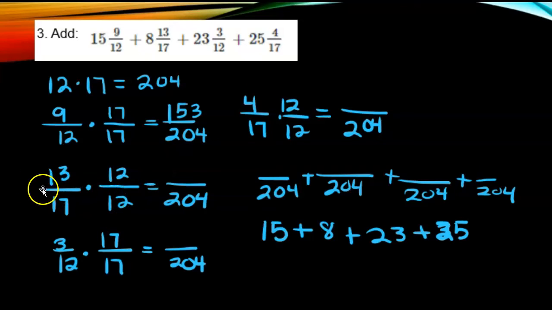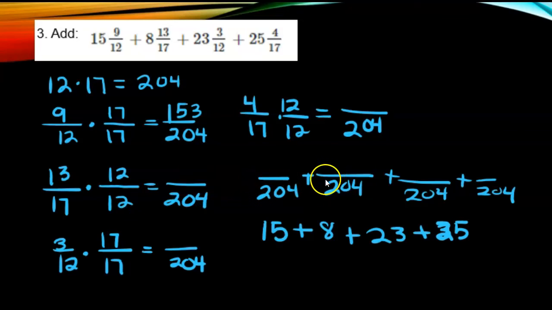If I take 13/17, I have to multiply that by 12. My copycat fraction is 12 because I can multiply 17 times 12 and get 204. So remember, if your denominator is 12, you're going to multiply it by 17. If your denominator is 17, you're going to multiply it by 12.